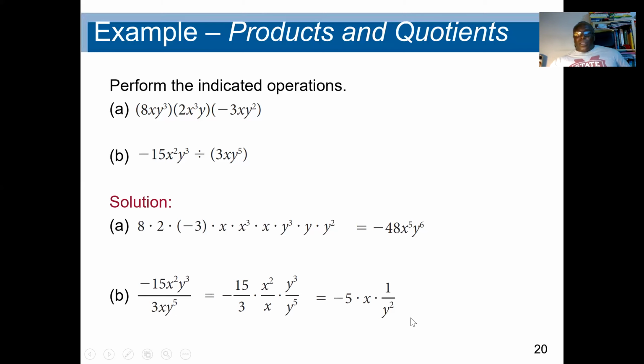We take the reciprocal of it. Again, we studied this in the rules of exponents, lecture number 3. So this will be our final solution, negative 5x divided by y squared.